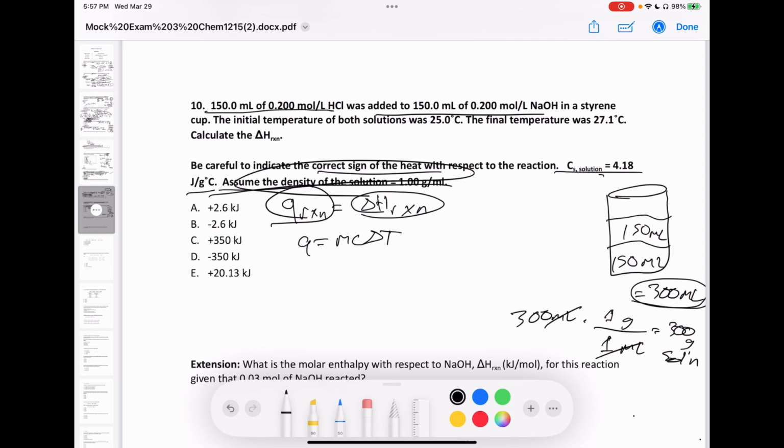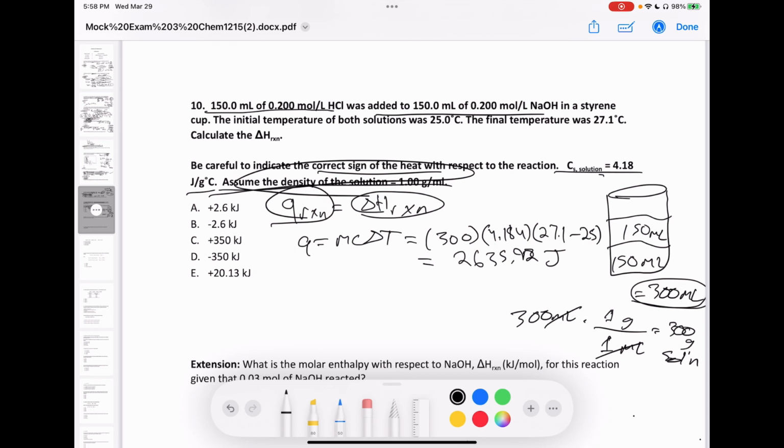So now we have everything we need to plug into Q equals MC delta T, which is going to be 300 times 4.184 times the temperature change, 27.1 final minus 25 initial. 27.1 minus 25, and we get an answer of 2635.92 joules, right?